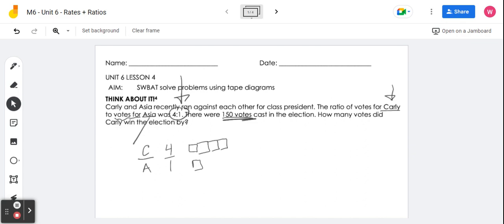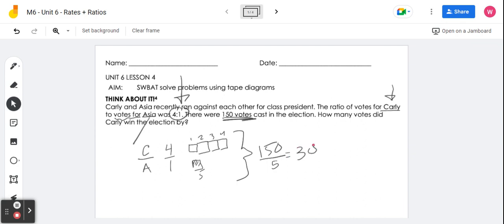So if we see that there's a total of 1, 2, 3, 4, 5 pieces of tape, all of these pieces of tape are going to be equal to the 150 votes that were cast in the election. Well, what would one of these pieces of tape be equal to? To figure that out, we would take the total, 150, divided by 5, so that we can figure out what one of these pieces of tape were. And if we do that, 150 divided by 5 is equal to 30.